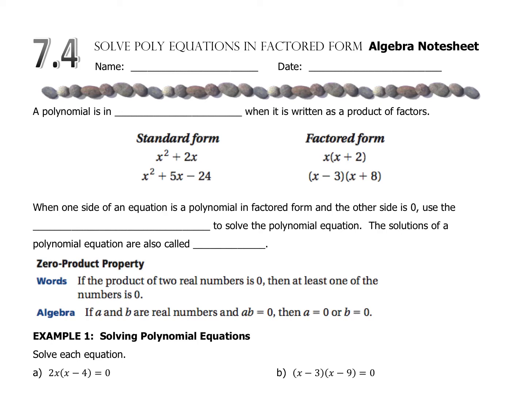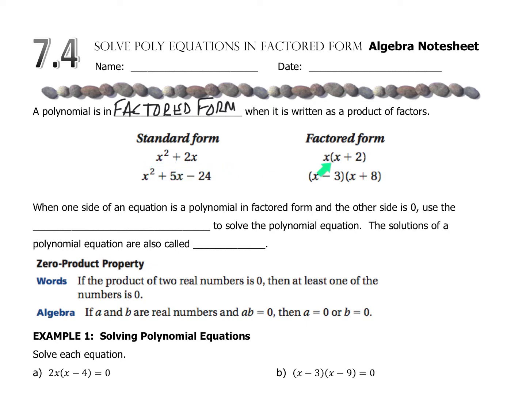Today we're solving polynomial expressions in factored form. A polynomial is in factored form when it is written as a product of factors. You can see the difference here. In standard form, we have the two monomials that make up the binomial.